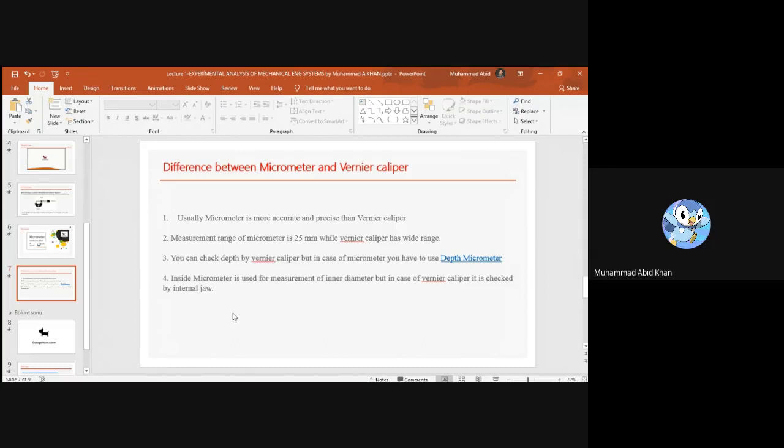Micrometer measured range is 25 millimeter and the Vernier caliper has a wide range. And point 3, you can check depth with a Vernier caliper, but in case of a micrometer you have to use a depth micrometer.